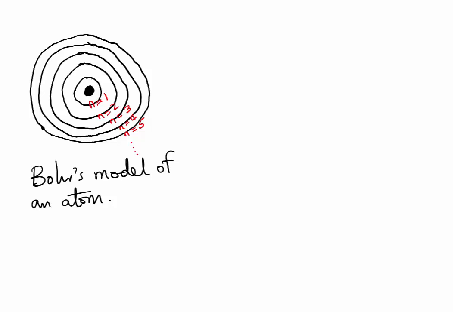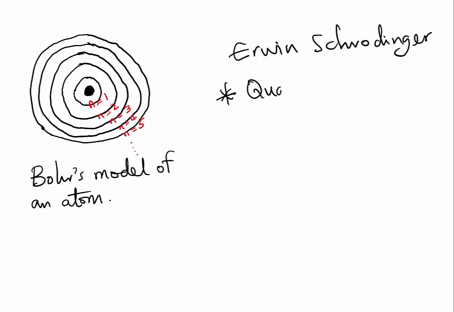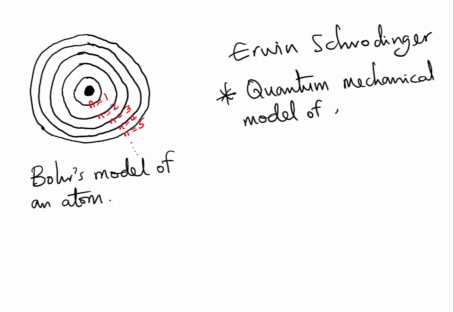A new model was later developed by Erwin Schrödinger. The new model is called the quantum mechanical model of an atom.